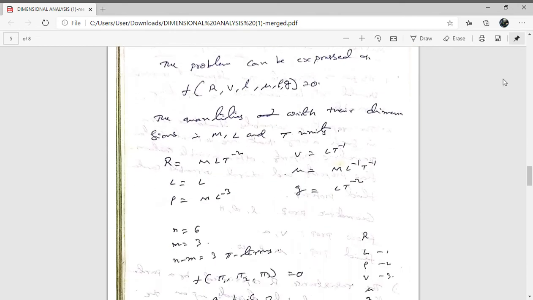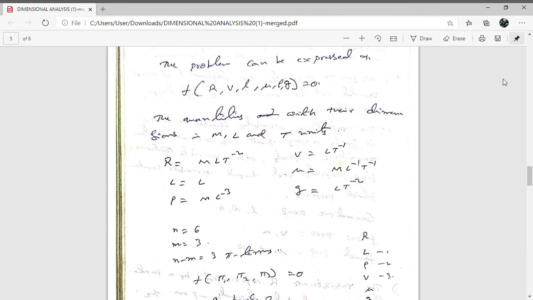We'll see how to solve this problem. This problem consists of 1, 2, 3, 4, 5, 6 variables. We can write a functional form: function of R, V, L, mu, rho, g equal to 0. That means n equal to 6.